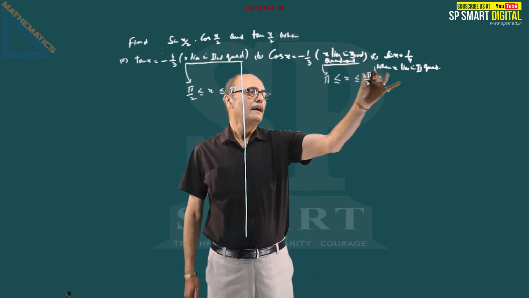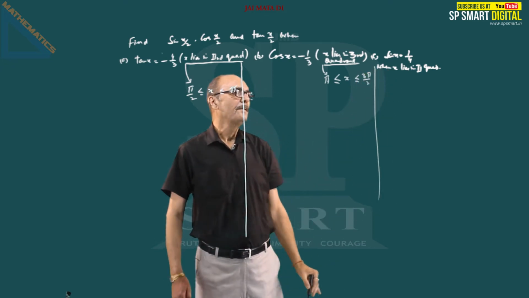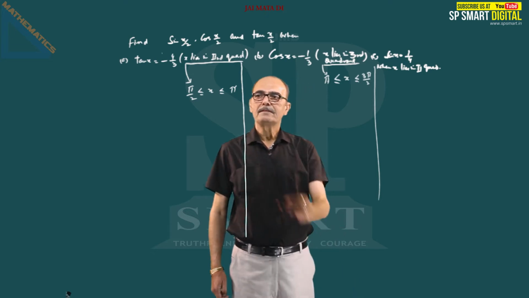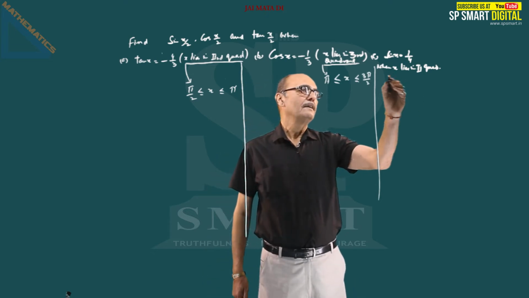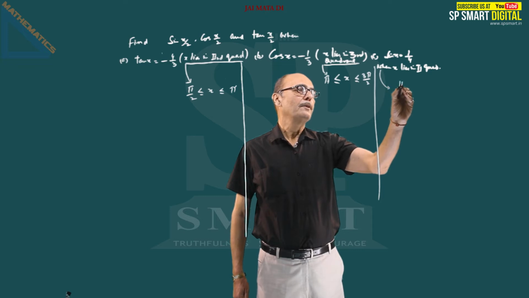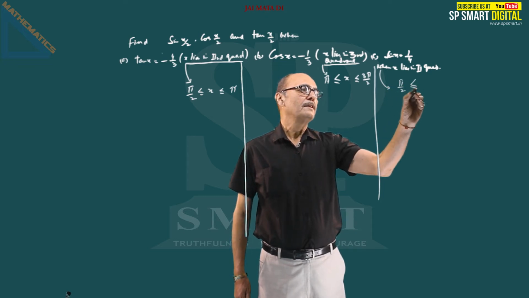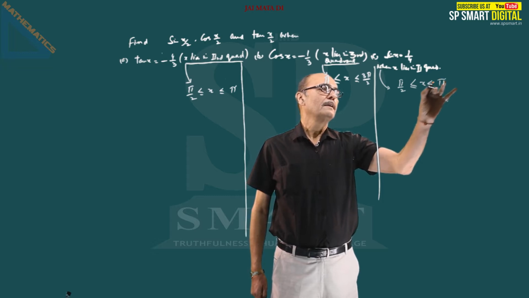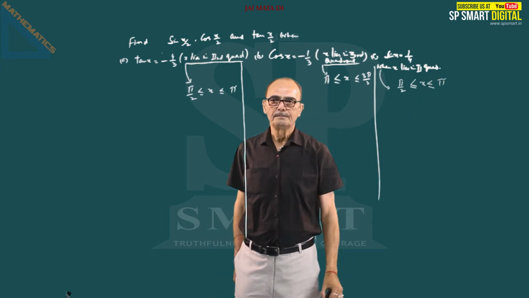In the third case, when x lies in the second quadrant, we have the similar interval, pi by 2 less than or equal to x less than or equal to pi. This is the limit of the second quadrant.